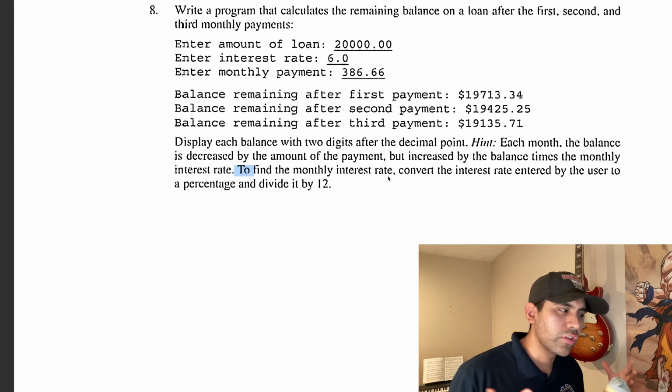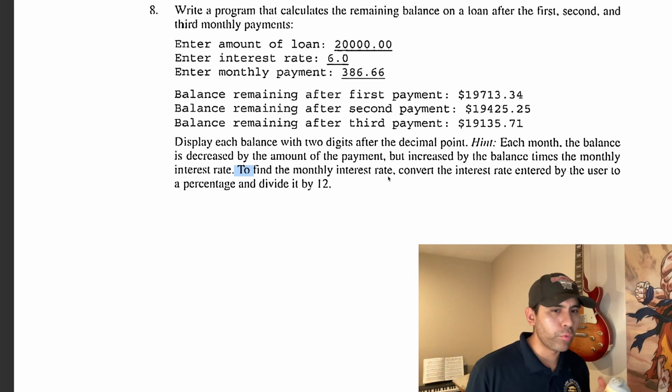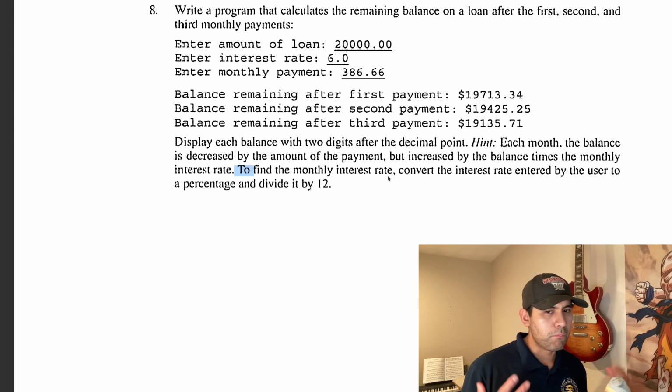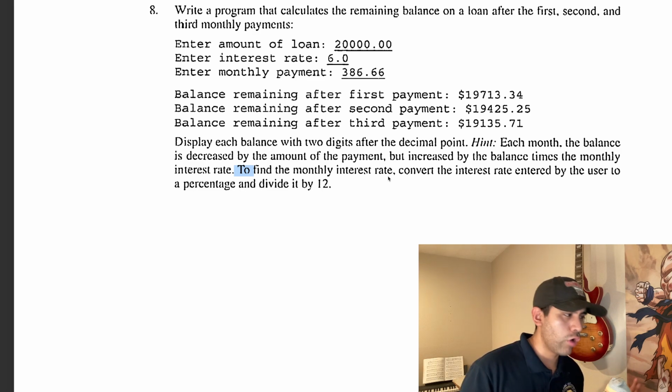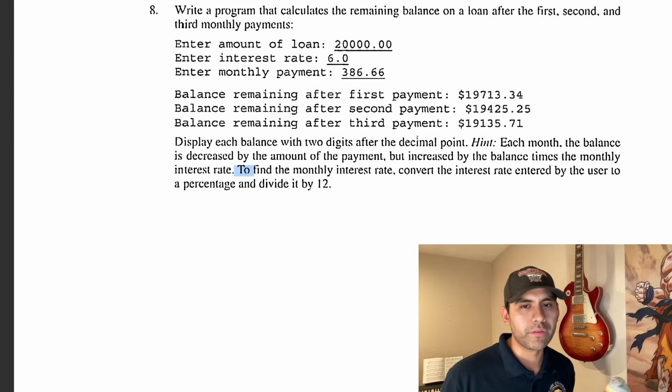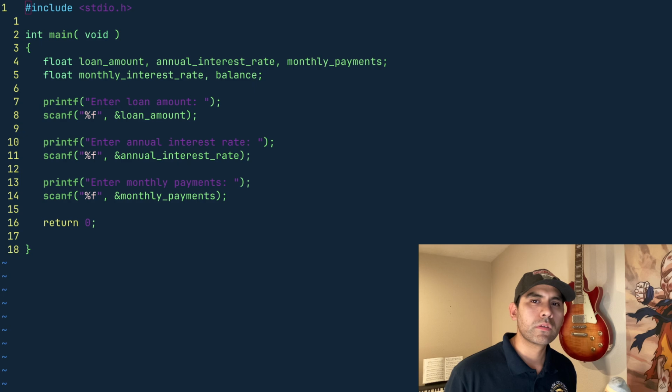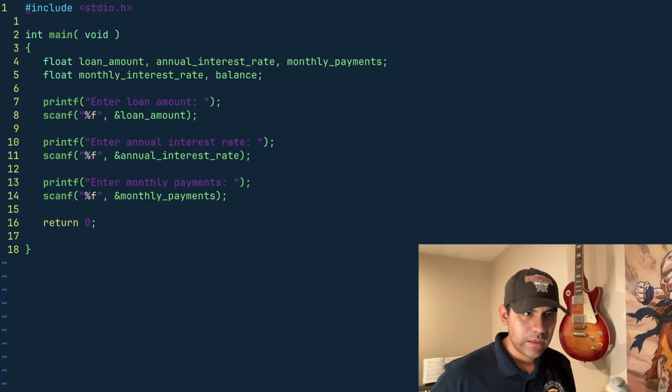To convert something into a percentage, we divide it by 100, and then to get the monthly rate, we divide it by 12 for the 12 months in a year. Alrighty, class in session, boys. We gotta deal with this.